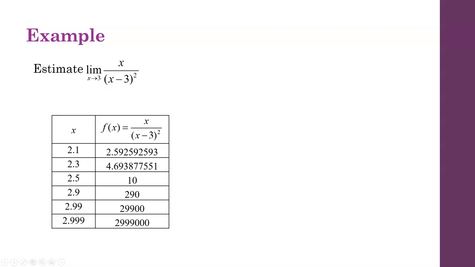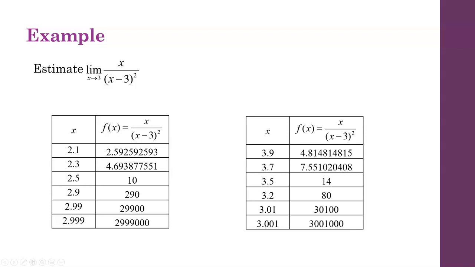And just to check on the right hand side, if I approach 3 from the right, so pick numbers that are slightly bigger than 3 and get closer and closer to 3, we'll notice that again the values of the function keep getting bigger and bigger. So it looks like this function keeps increasing in its size without bounds.